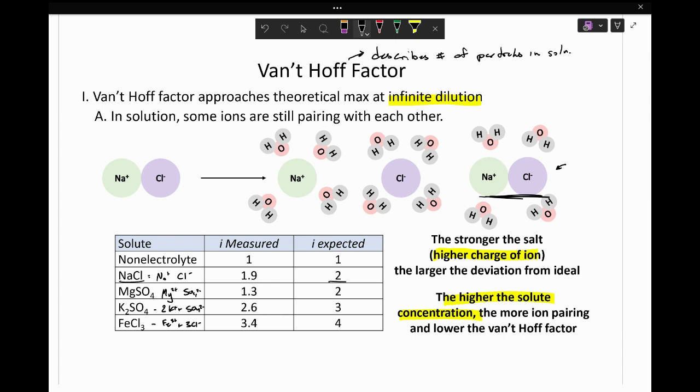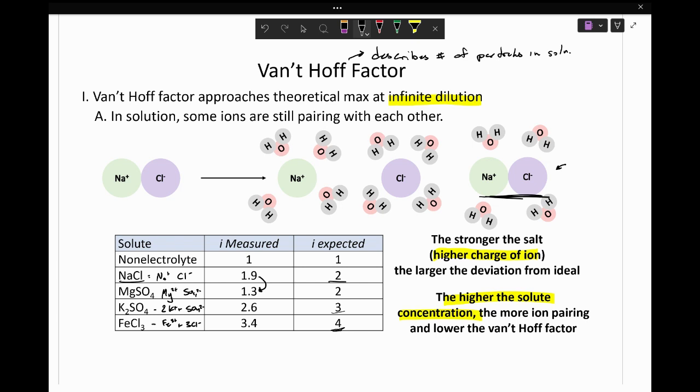And you can see that if we count up our number of particles, sodium chloride should give us 2, magnesium sulfate should give us 2, potassium sulfate should give us 3, and iron 3 chloride should give us 4. But because of either the relative charge of ions, so if you look at the difference between sodium chloride and magnesium sulfate, we went from +1 -1 to +2 -2, we see this larger deviation.